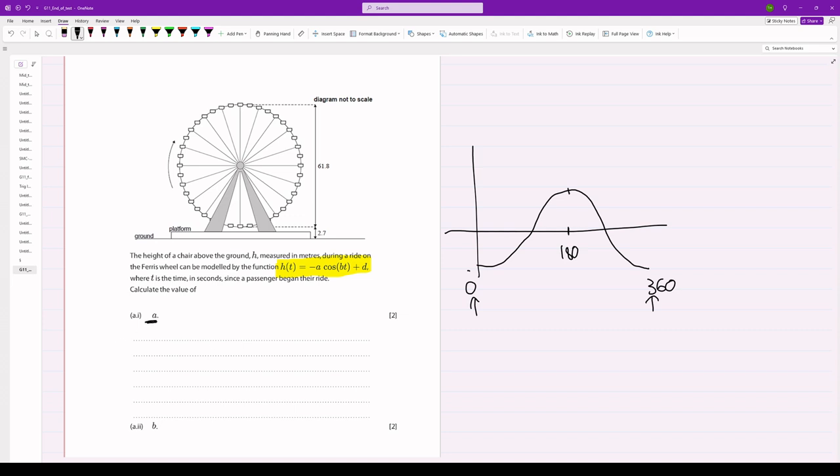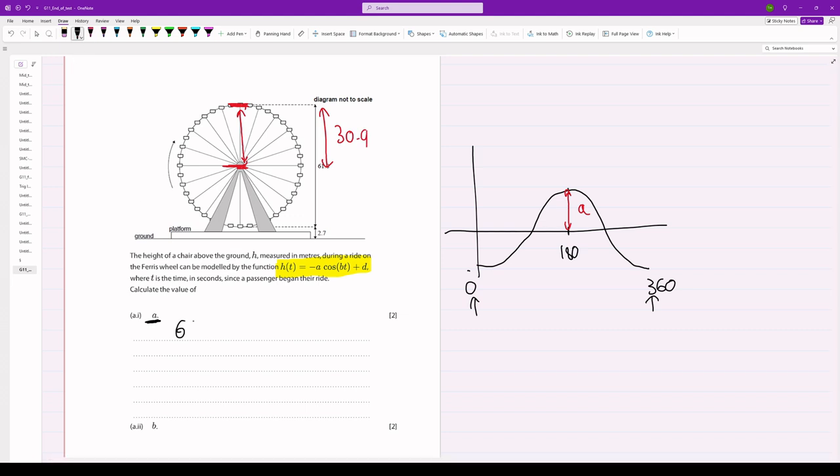So A is going to be the distance from the middle to the top. The middle to the top. This bit. That's A right there. So on our one, the distance from there to there is going to be half of the diameter, which is 30.9.